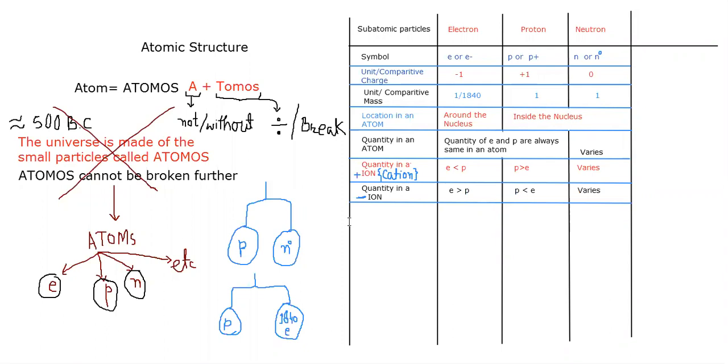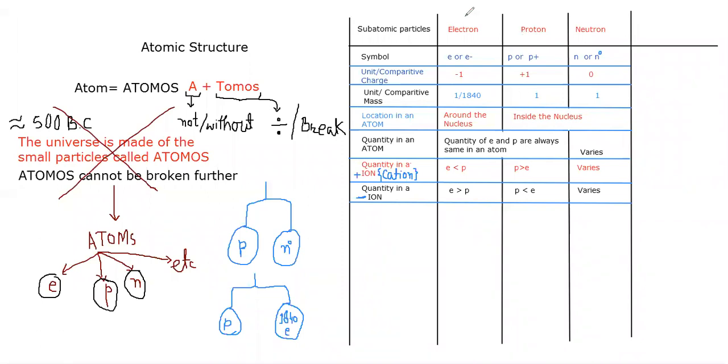So my dear students, these are some fundamental facts about the structure of an atom. But the most important thing: there are so many atoms, but how can you identify these atoms? So we use a term which is called identity of an atom.